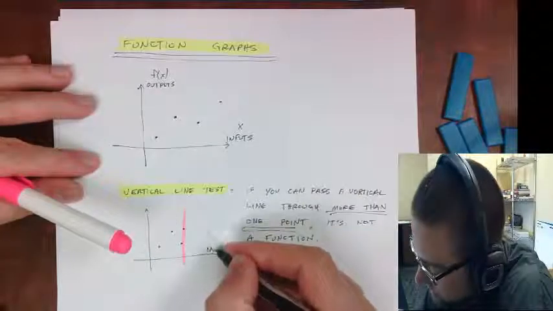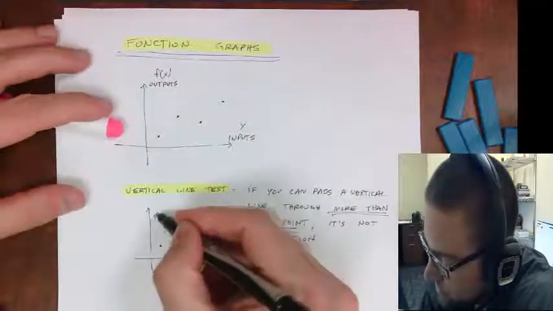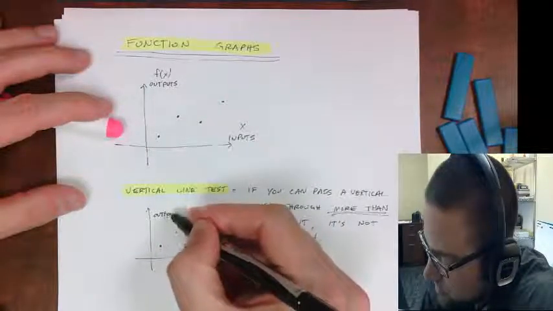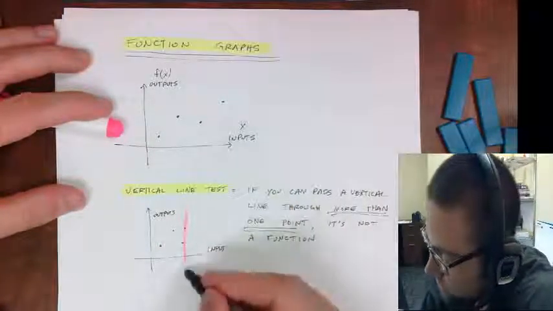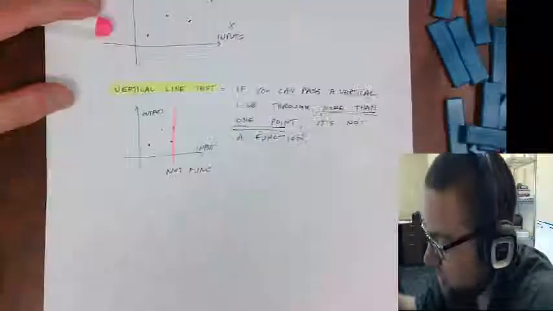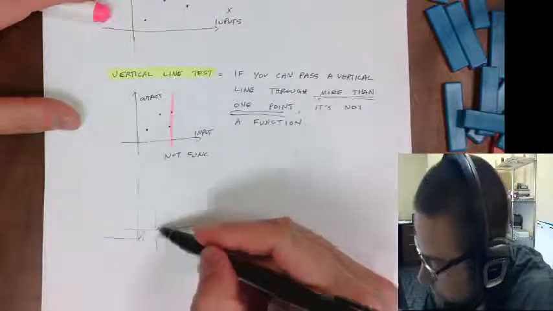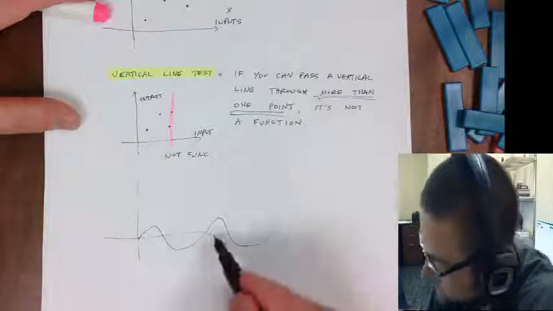So let's just say that that line hit both of those. This is a single input, right? And it's giving me two different outputs. So this would not be a function. Okay. And you can see, say the curve looks like this.